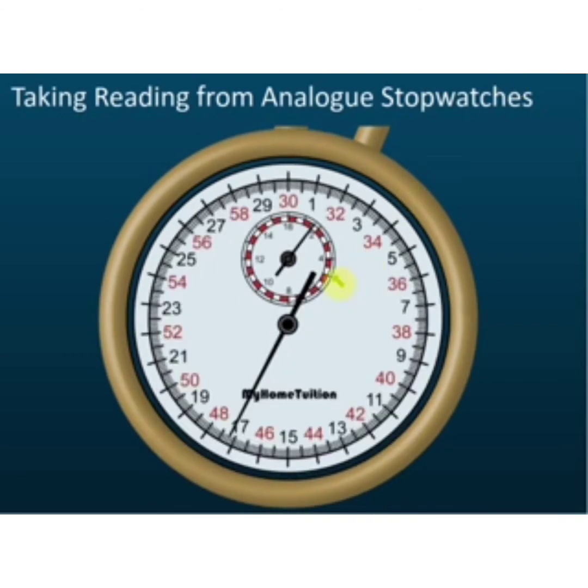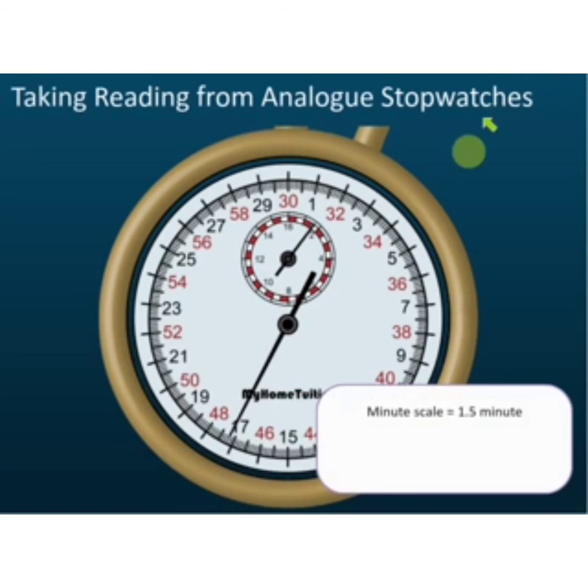Sometimes they will give you this stopwatch. Again, we have 2 scales, the minute scale and the second scale. But this one, 1 round is 30 seconds. So the minute scale: this is 2 minutes, this is 1 minute.